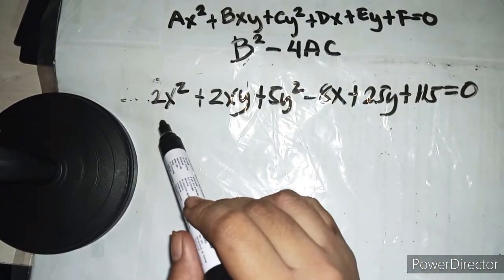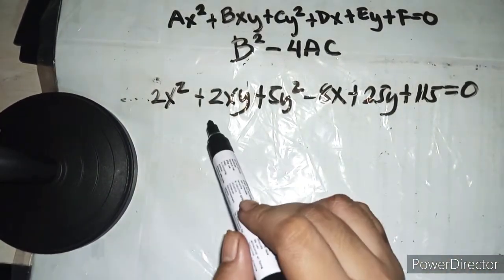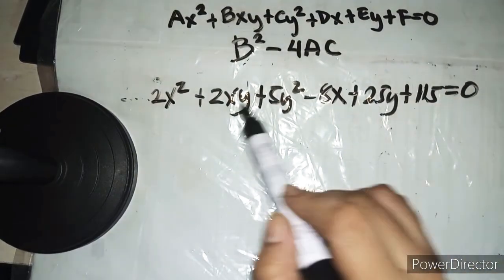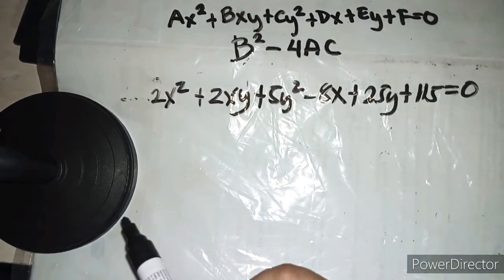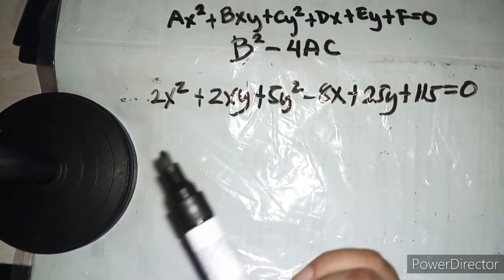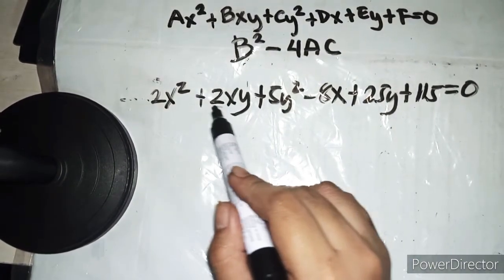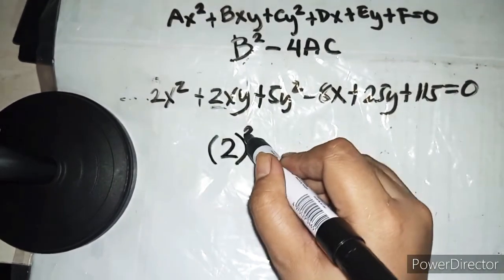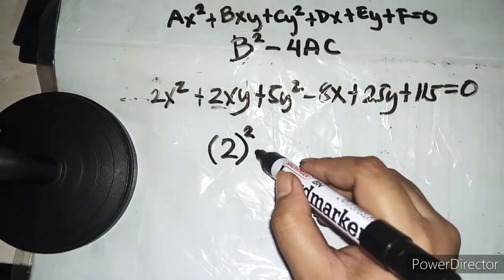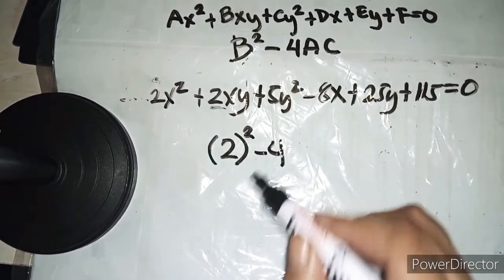bxy. So let's check if we have x and y here. Okay, so here in our given equation, we have x and y. So the coefficient of xy is 2. So let's copy 2 squared. Next, copy negative 4.